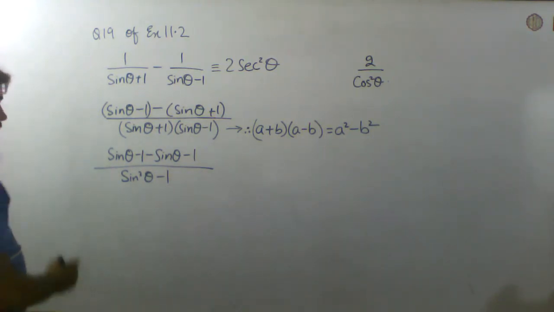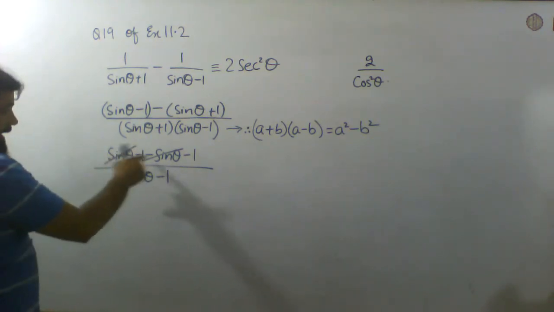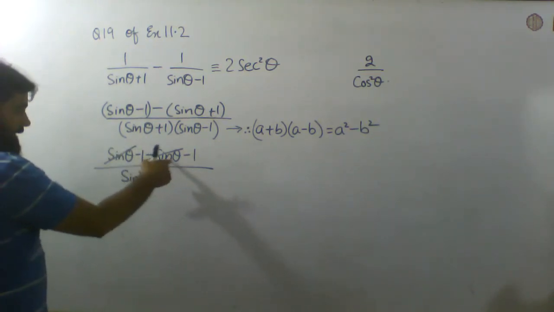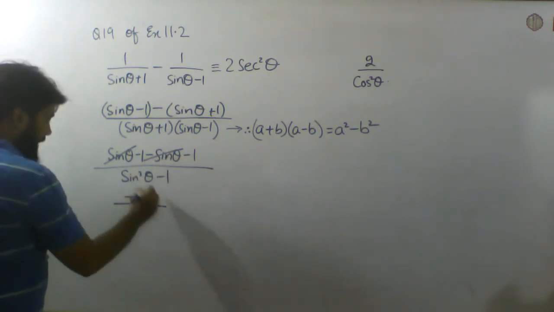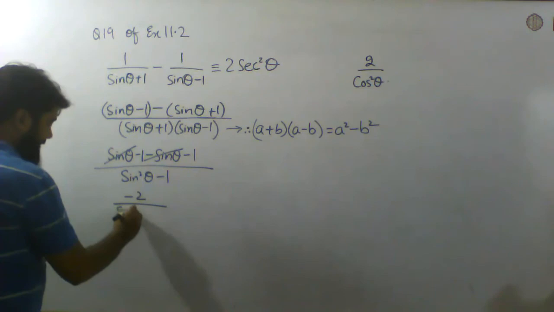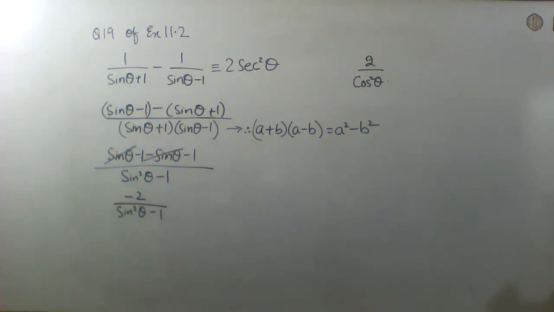Now sine theta and minus sine theta will be cancelled. I will have minus 2 upon sine square theta minus 1. This is what I am getting right now.